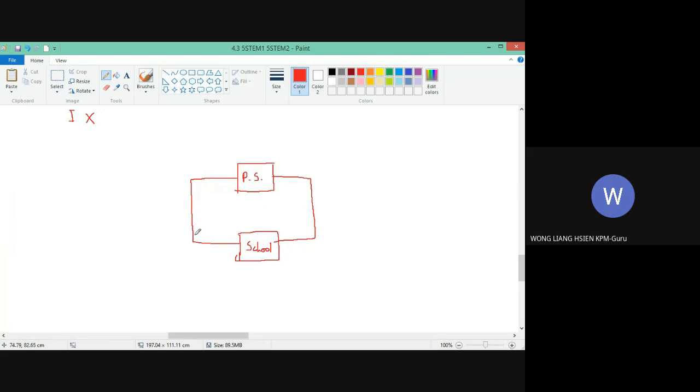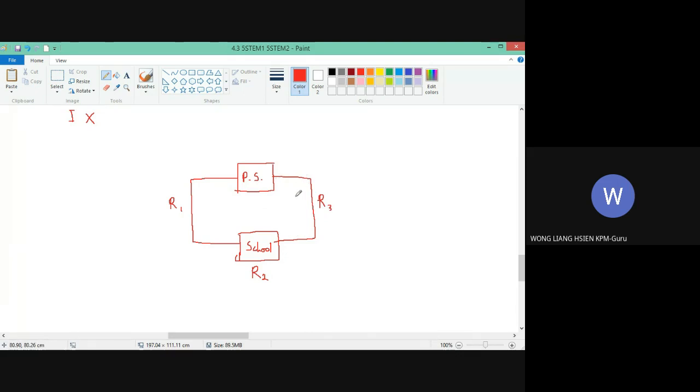Inside this cable there is resistance. The current will flow through the school, that means through the electrical appliance in the school. So the charge needs to overcome the resistance of the electrical appliance in the school, and also the resistance of this cable.